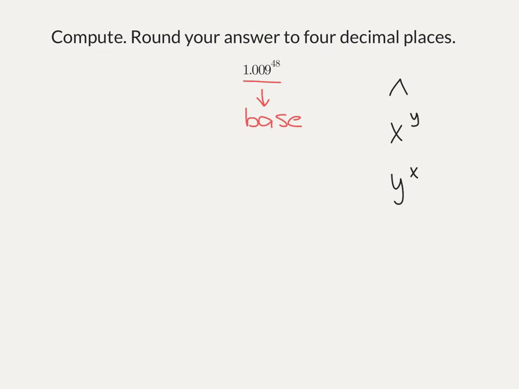And some calculators have EXP, which represents the exponent key. So we can type in the base 1.009 and then select our exponent key. My calculator uses the upward pointing arrow. And then we'll type in the exponent, which is 48.